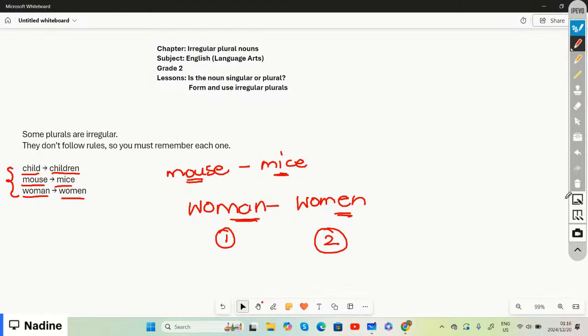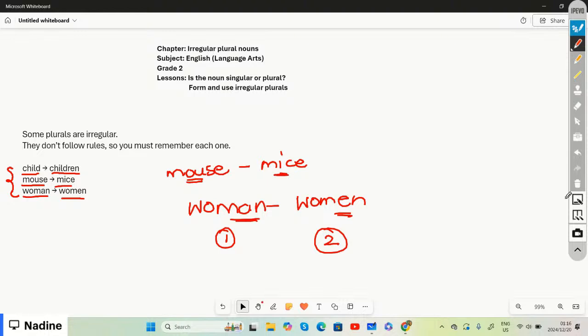And keeping in mind that when it comes to irregular plurals, there's no rule that you need to follow. So you are just going to have to remember the word. If you have a word and we want to change it to plural, you're going to have to remember the form of that word.